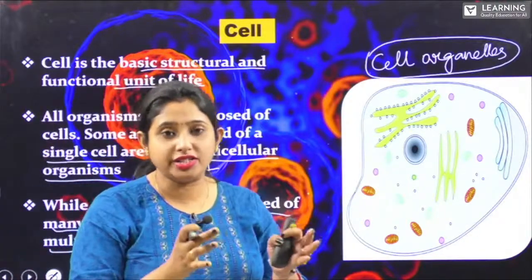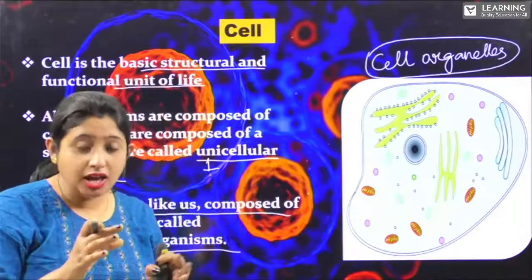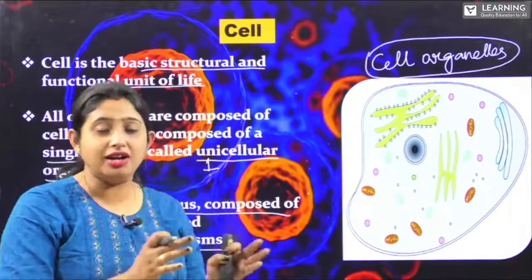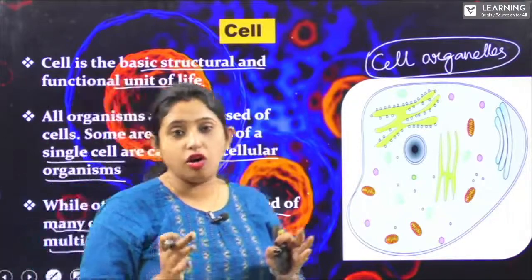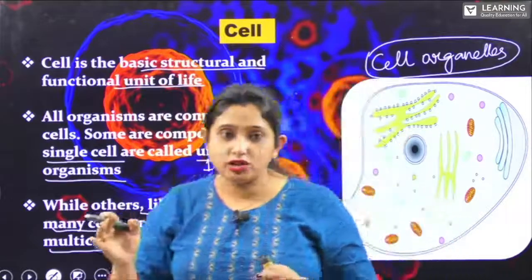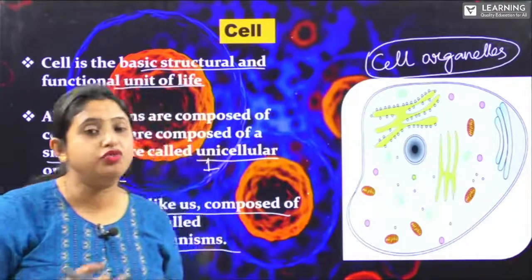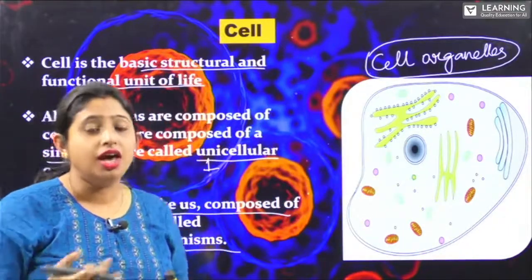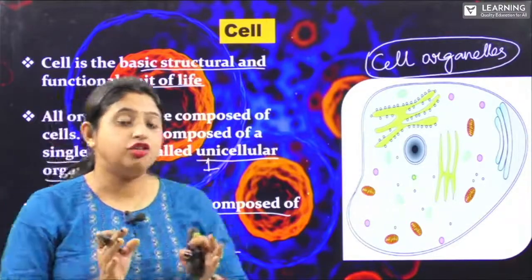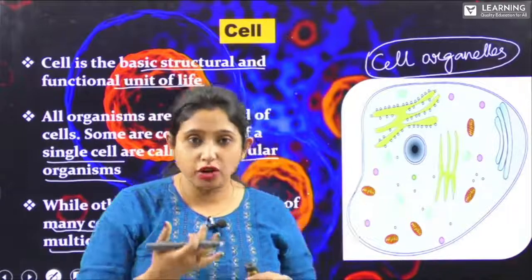Some organisms have a cell that is covered with a cell wall. That is the plant cell, or in the case of bacteria, they have a cell wall, okay? Whereas in animals, in human beings, we do not have a cell wall. That is, we are eukaryotic organisms, whereas the prokaryotic organisms have a cell wall.